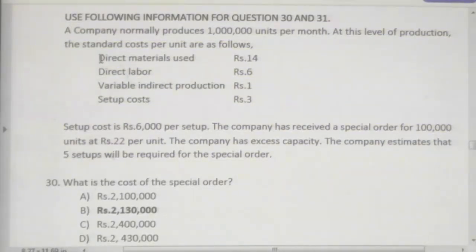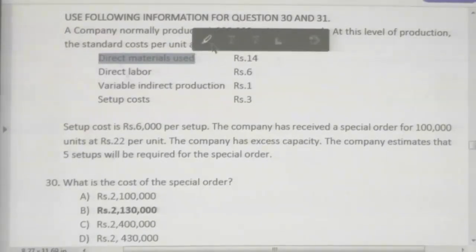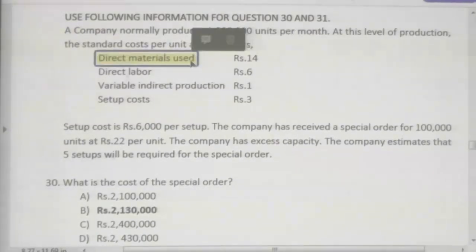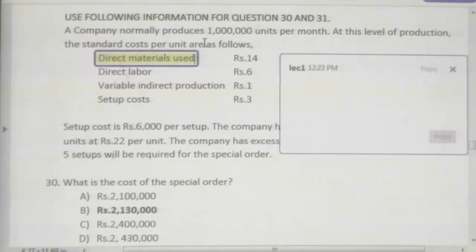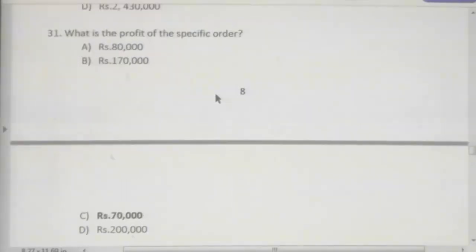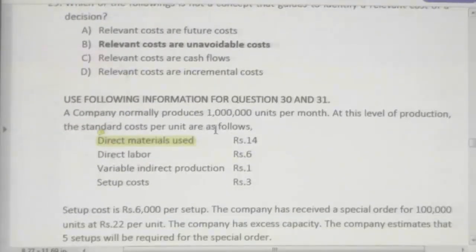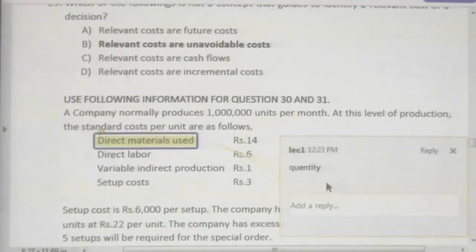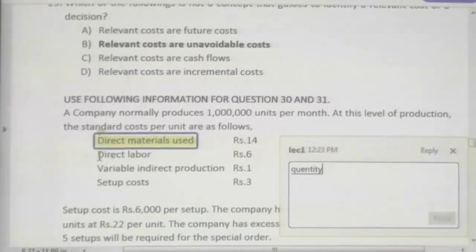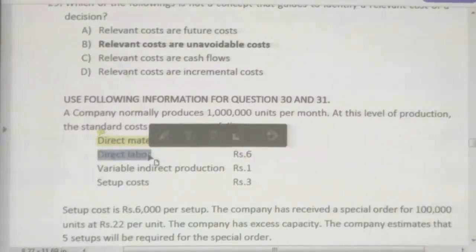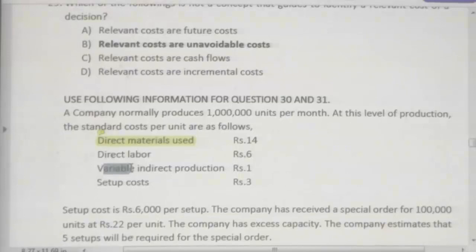Now, direct material will change with the quantity. Direct labor also changes with quantity. Variable indirect production also changes with the quantity.